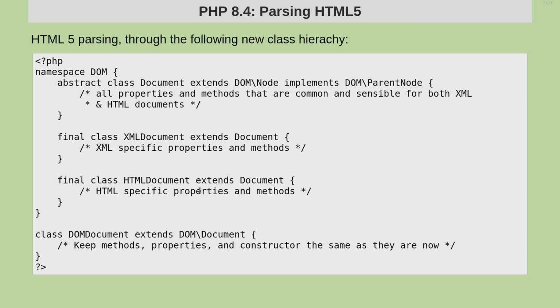By having a mechanism like this and aliasing DOM document to DOM/document, we'll end up having a wrapper around this by being able to use HTML5 parsing. But at the same time, it'd still be a drop-in replacement for what you currently have, so you wouldn't have to change your code if you want to opt in to the HTML5 parser.